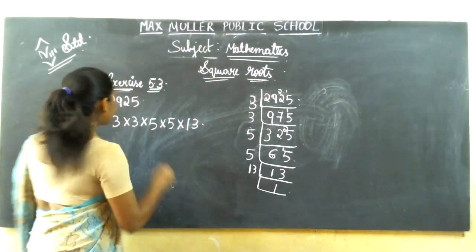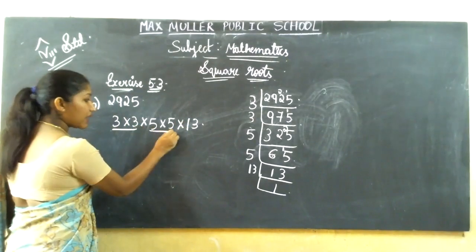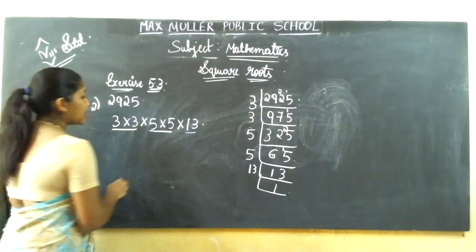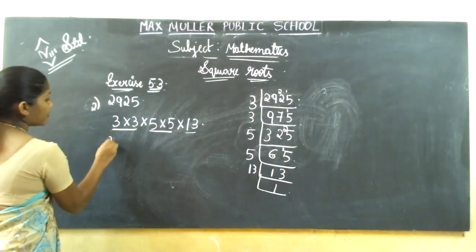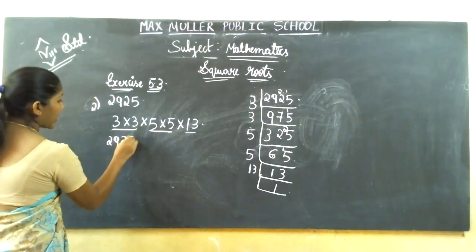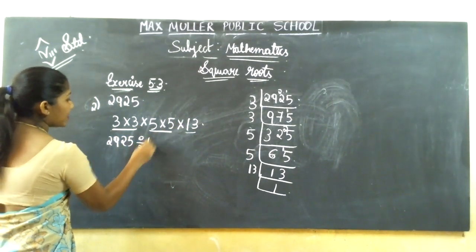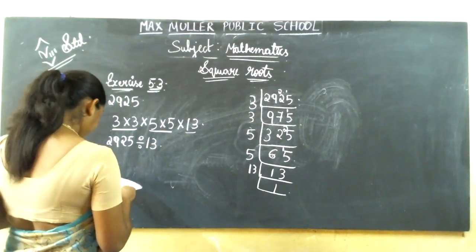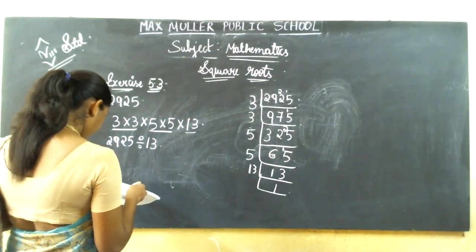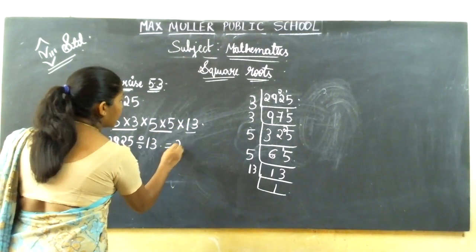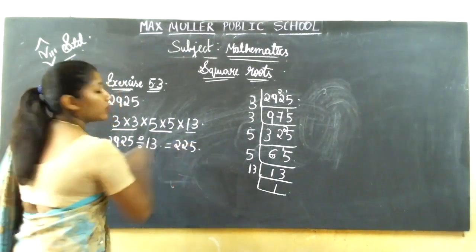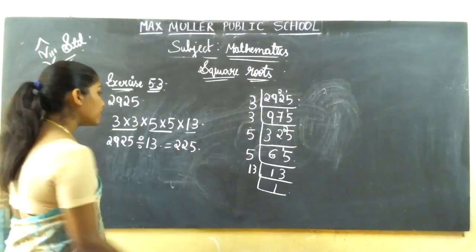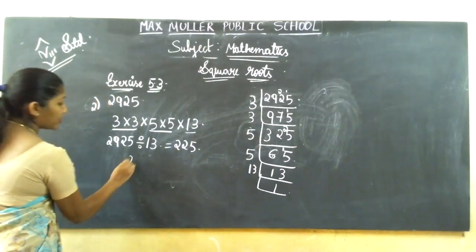So here there is a pair for 3, there is a pair for 5, but there is no pair for 13. So what you have to do here, you have to divide 2925 by 13. If you divide this, you will be getting 225. Now you have to find out the square root.